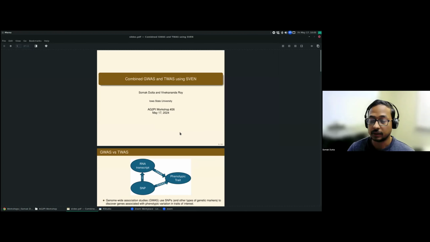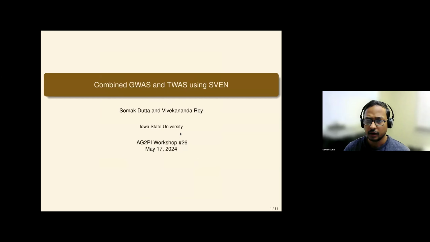All right, so I hope you can see the screen, the presentation that says combined GWAS and TWAS using SVEN. The organization of today's workshop would be as follows. We will first describe the methodology behind SVEN, followed by a demonstration of SVEN.